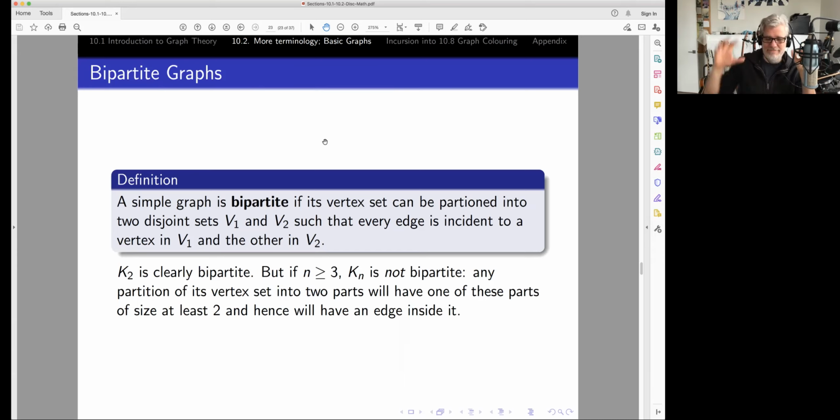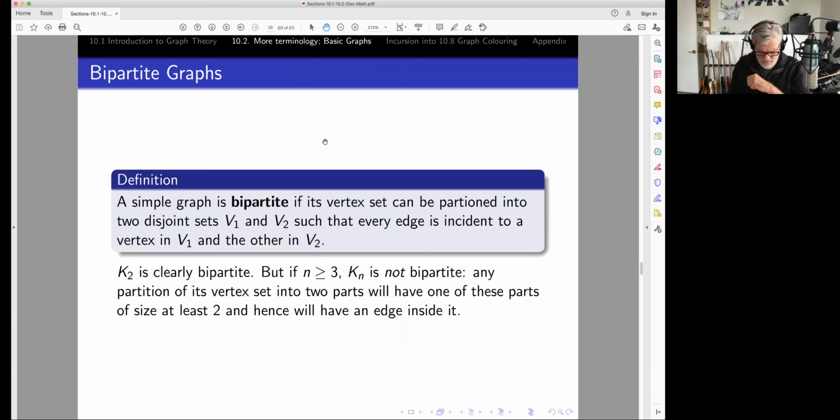Pigeonhole principle, yes. So there's one piece that contains at least two vertices, and since it's a complete graph, there's an edge between these two vertices, and that edge does not connect vertices in different pieces. So K2 is bipartite, K1 is bipartite in a trivial way.